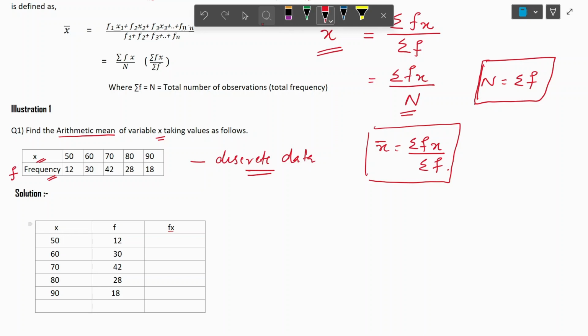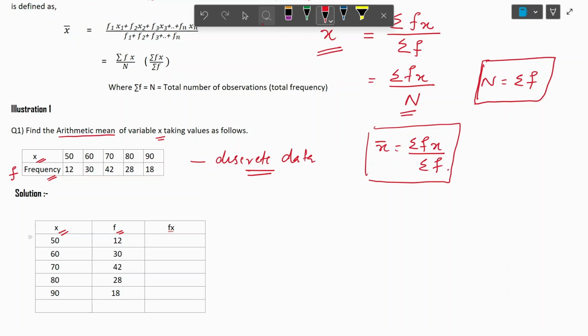Here first is your X and second is your F. So make your table very fast with 3 columns. X values 50, 60, 70, 80, 90 and F values 12, 30, 42, 28 and 80.